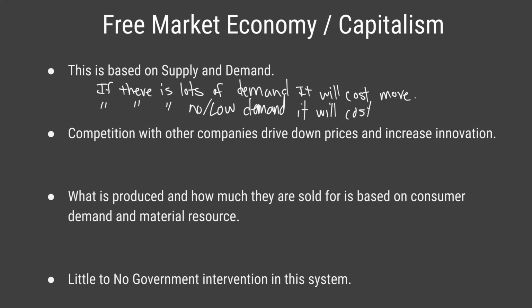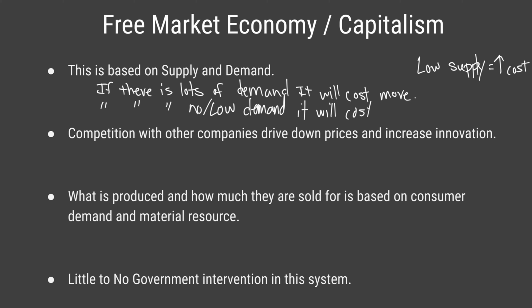And then the supply part, so that's the demand. Supply is how much of it there is. So if I have very low supplies, I'm probably going to charge more. So low supply equals increased cost because I need to be able to make more money per unit to make money.